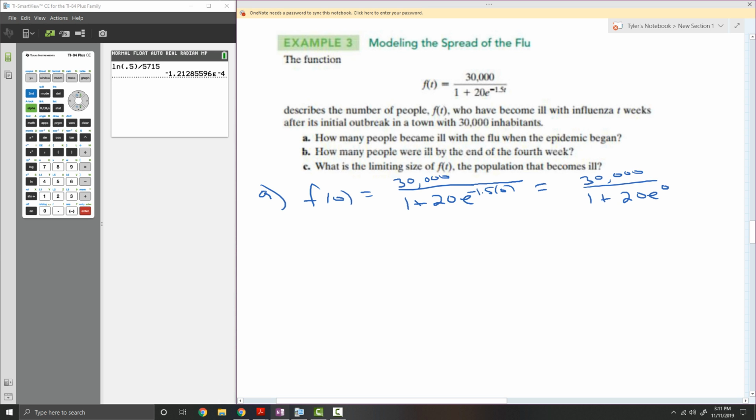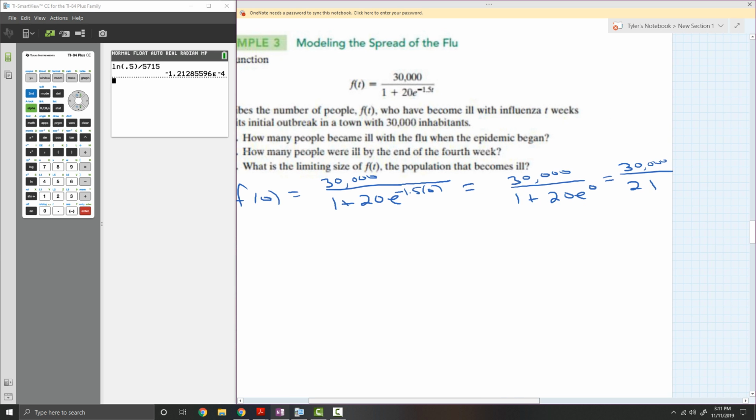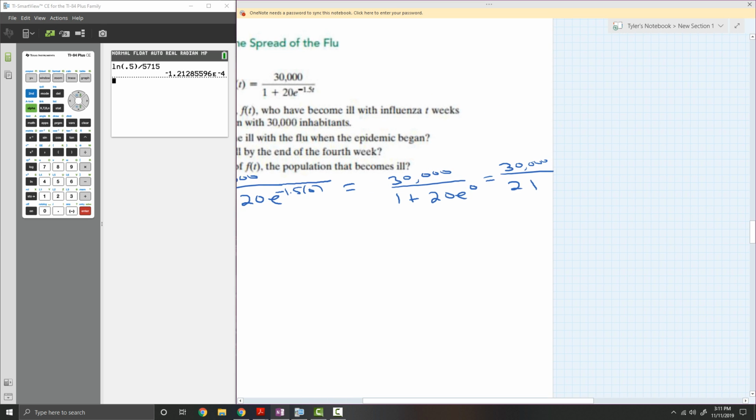Then e to the 0 is just 1, so this becomes 30,000 divided by 1 plus 20, which is 21. This value is approximately 1,429. So approximately 1,429 people were ill when the epidemic began. That's what we were trying to find.